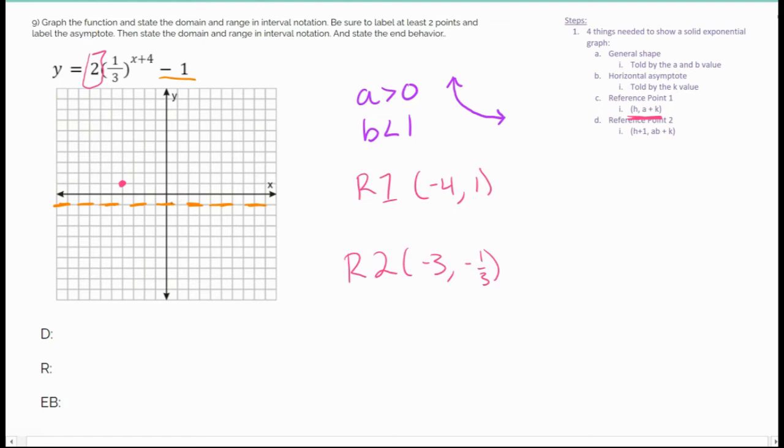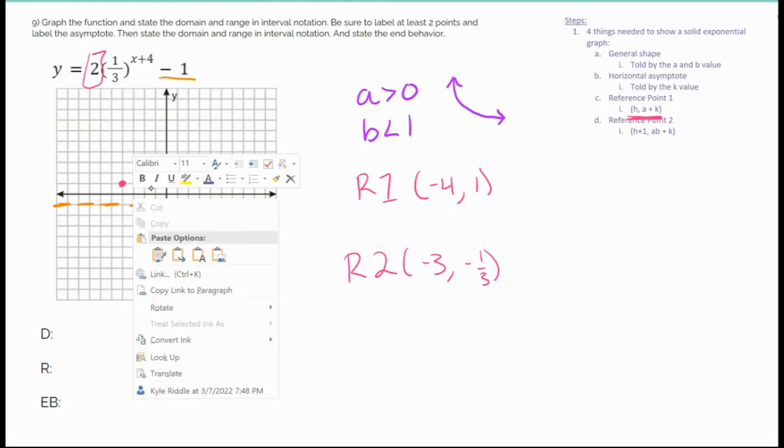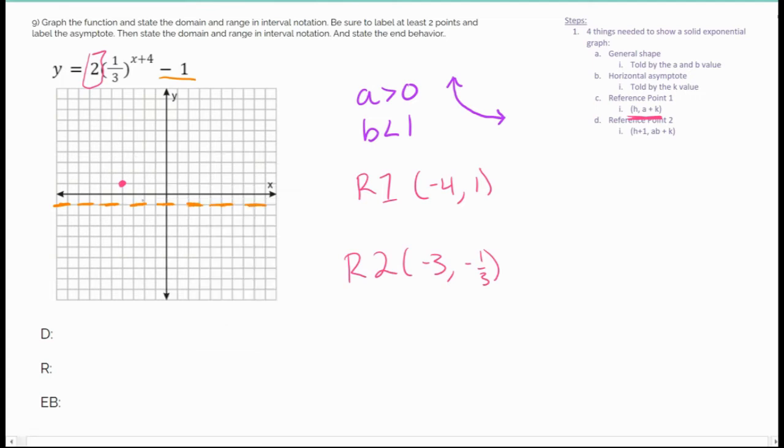So when we go 3 to the left and -1/3, about right here. And now our general shape goes through those 2 points, never crosses my horizontal asymptote. There I go for my graph.